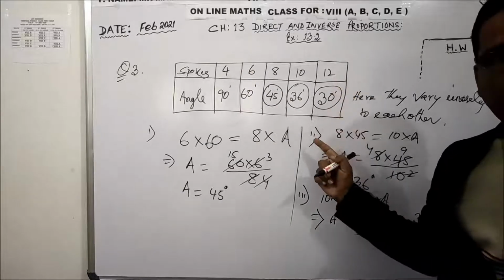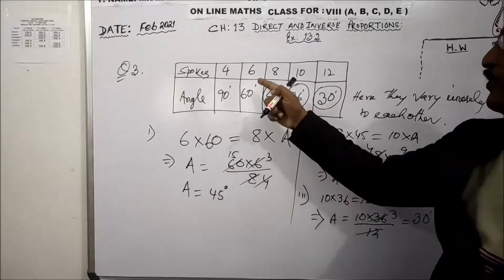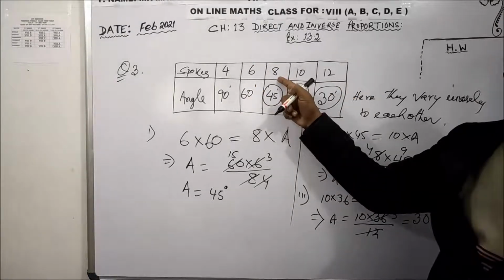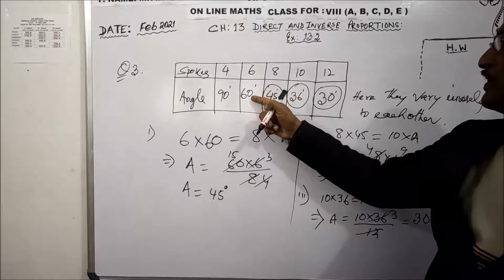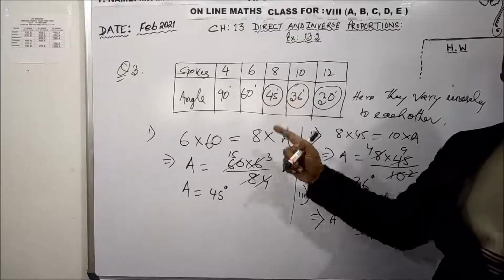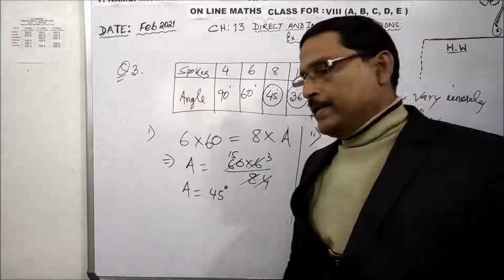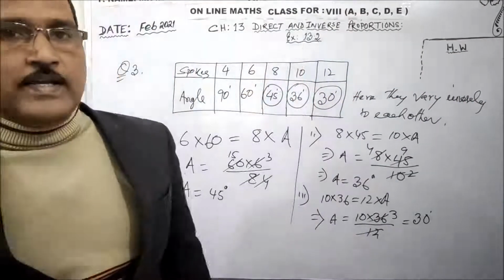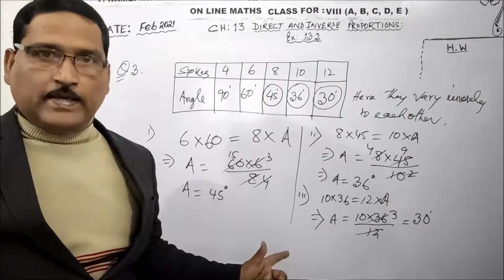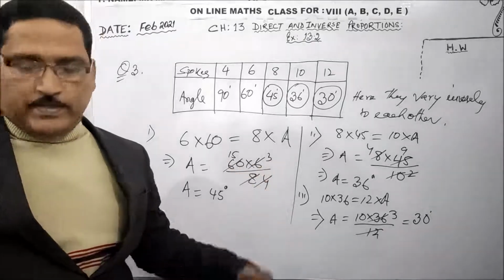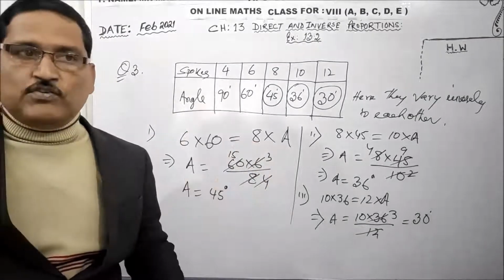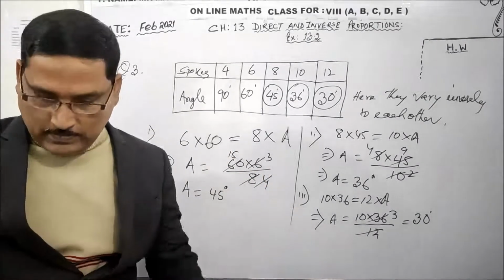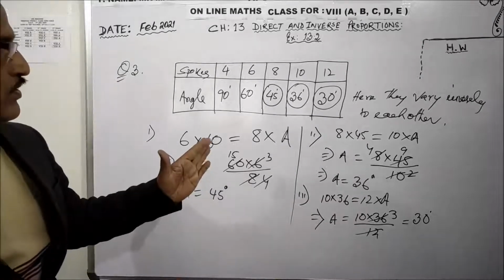I can do it that way also. But it is better to follow the number which is adjacent to this number. This into this equals this into this. The missing part you can take as any alphabet. Since angle is written as A, starting with A, that's why I am taking A here. But it is not necessary. You can take A, B, C, D, X, Y, Z, anything. Okay, then note it down.